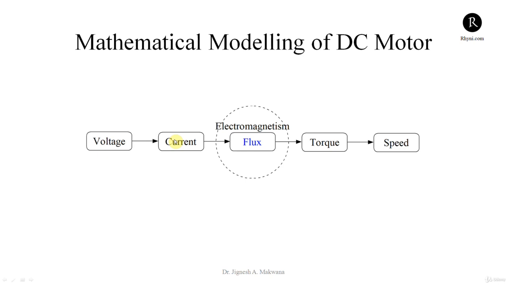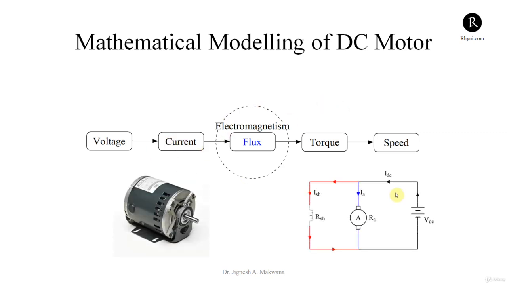Voltage produces the current, so current is output and voltage is input. Current produces the torque, torque is output, current is input, and torque produces the speed. Speed is output and torque is input. We will also see the feedback loop that exists due to the magnetic circuit in the session.